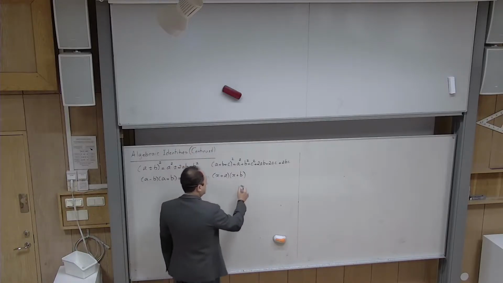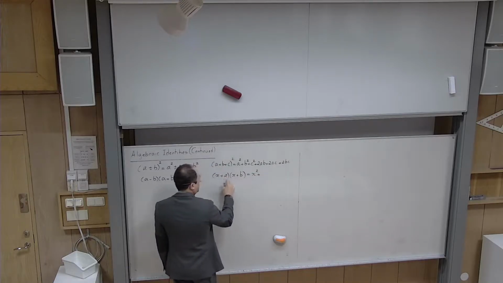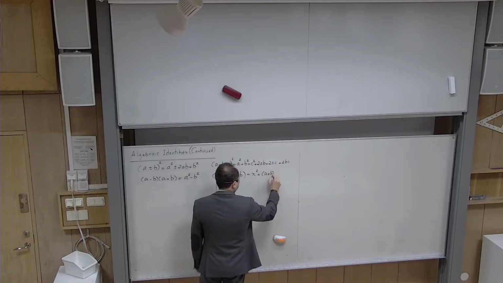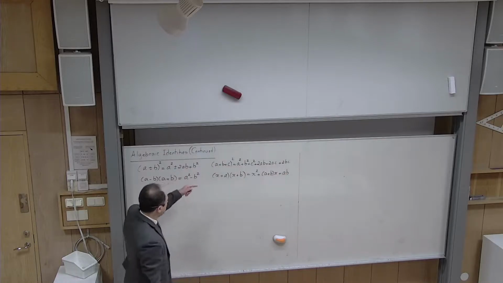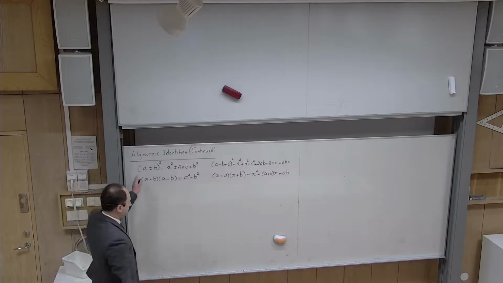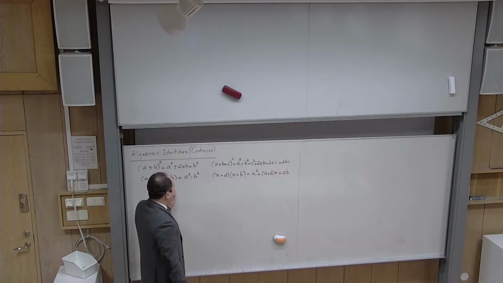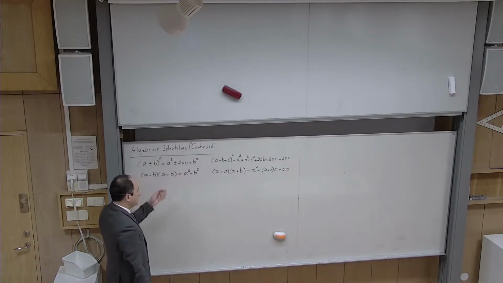So the answer to this was the common term squared, the sum of uncommon terms multiplied by the common term, and then the product of uncommon terms. So I added these two to the list of identities that you have to know. These are not, of course, in the formula sheet. But there are some more that I want to add today.